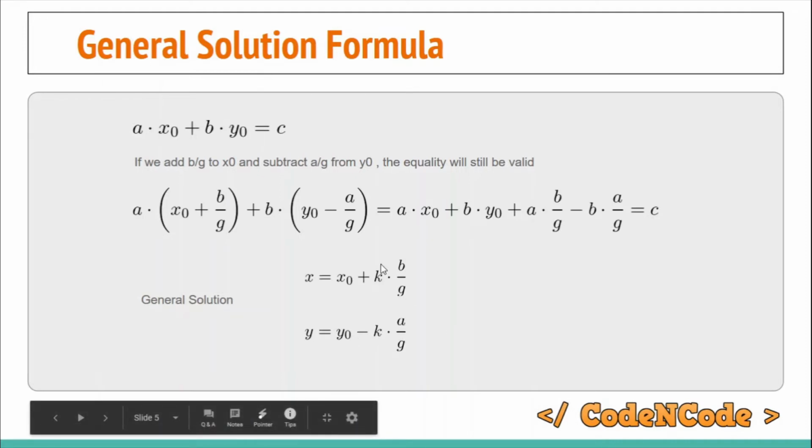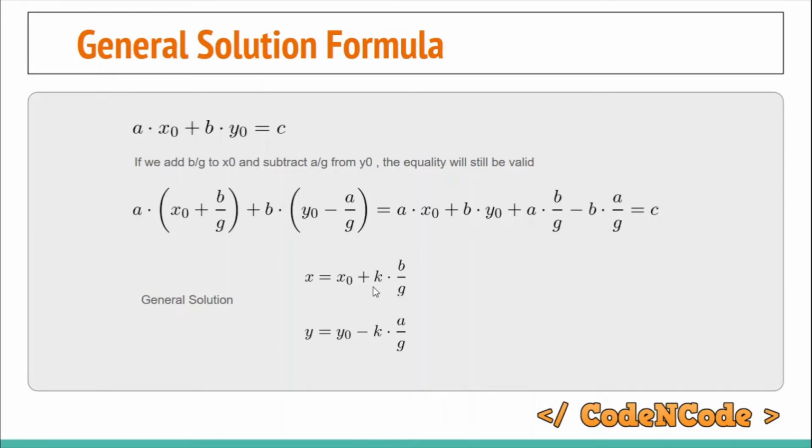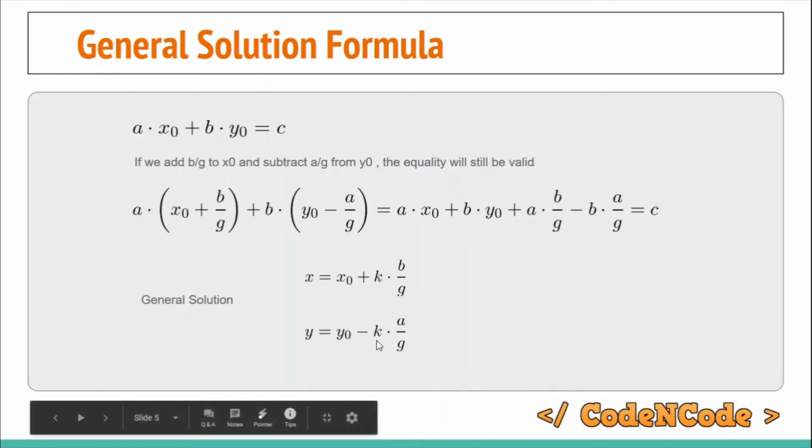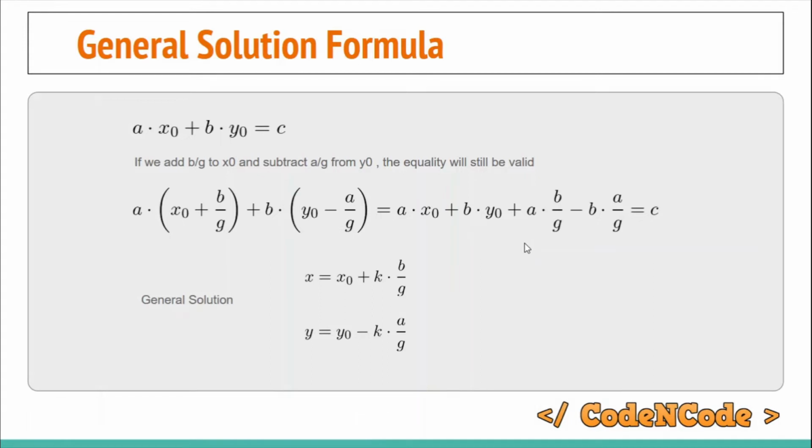Here k is an integer. It can be positive or negative. Basically you are adding k times b by g and subtracting k times a by g. So k is an integer, and this is the general solution. If you have x0 and y0, basically one solution of a given LDA, using extended Euclidean algorithm or whatever algorithm you want, you can find the rest of the solutions using this formula.